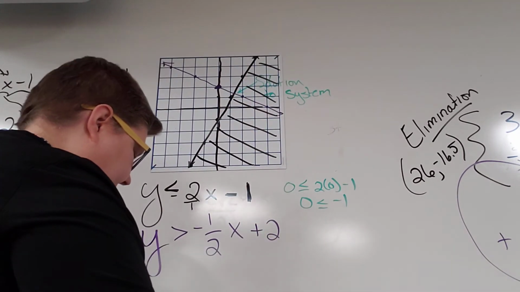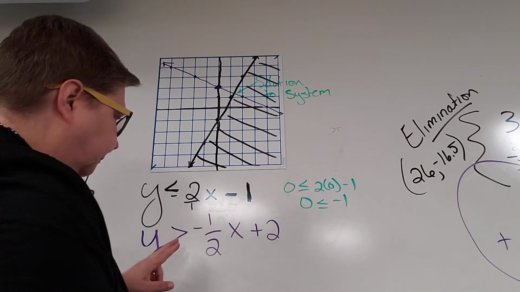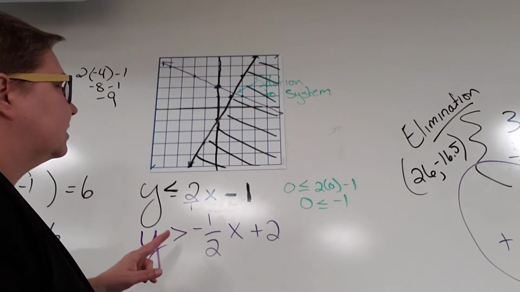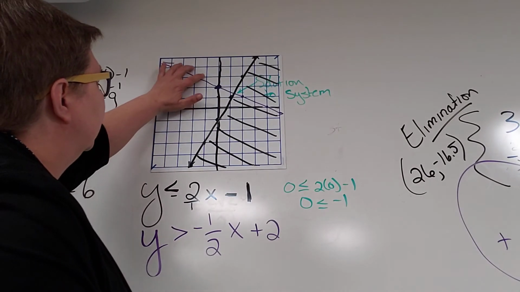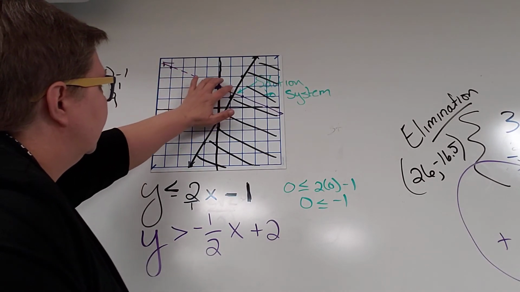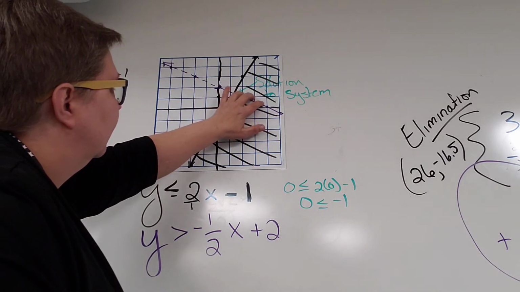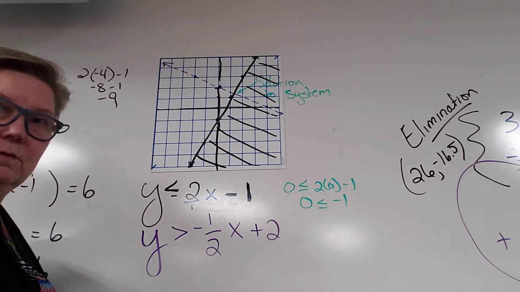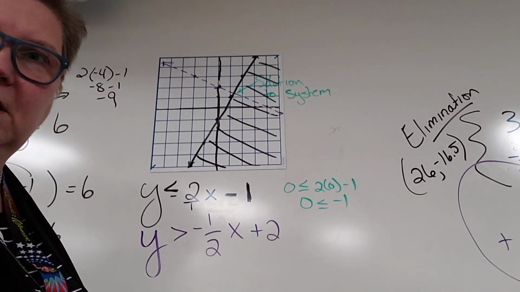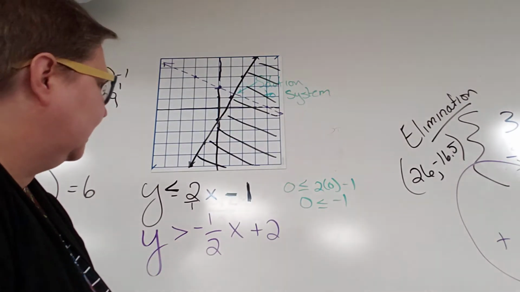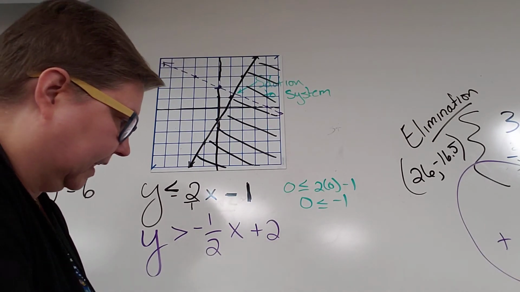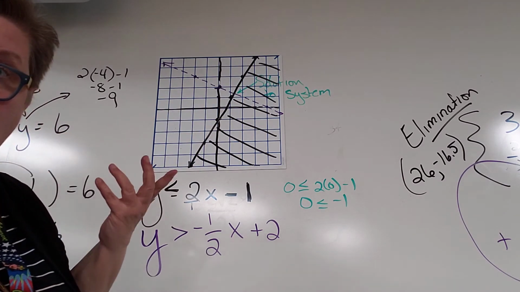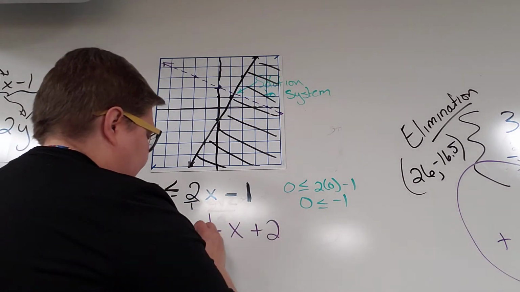Okay. Then, for this one, notice there's not an equal sign there. That tells me that we're not including that boundary, so it is a dashed line on the graph. So there's my dashed line. I just made a dash. I love that. Anyway, again, I'm going to pick a point not on the line. Since 0, 0 isn't on that line, I'm going to plug it in too.